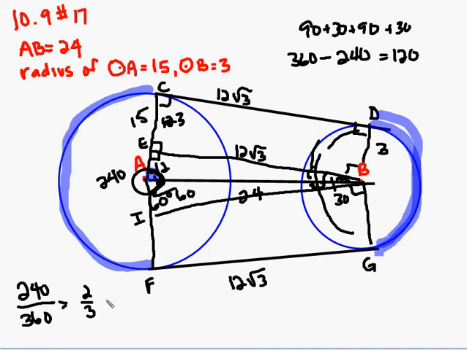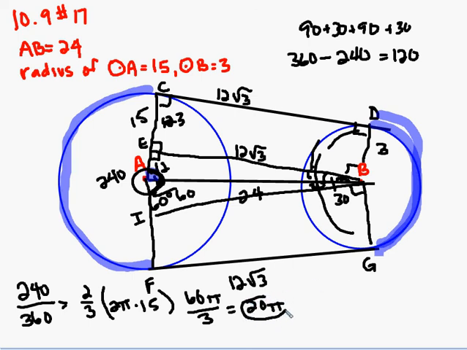And we also know that the circumference is 2 pi r, so we'll multiply this by 2 pi times the radius of 15, and we will end up with 60 pi over 3, or 20 pi.